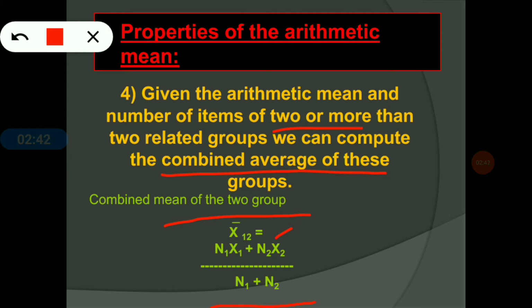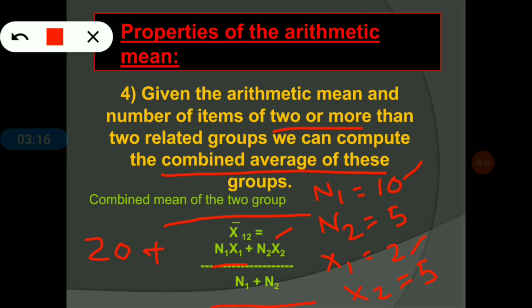So for example, we can consider n1 is equal to 10, n2 is equal to 5, x1 is equal to 2 and x2 is equal to 5. So what is the combined mean? So combined mean is n1 into x1. So n1 means 10, x1 means 2, that means 10 into 2, that is equal to 20.